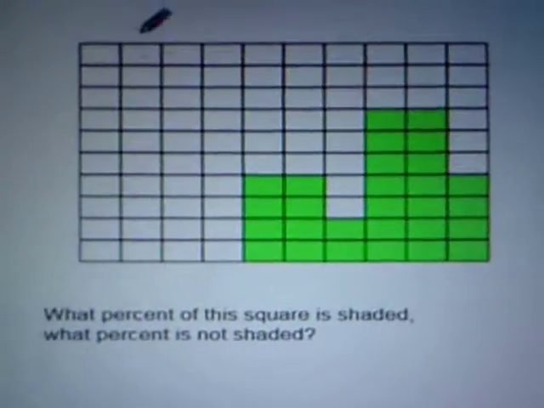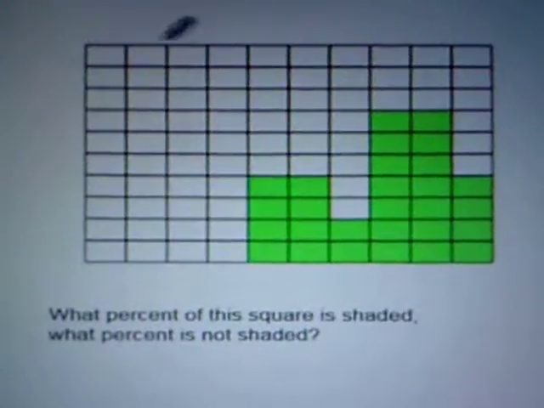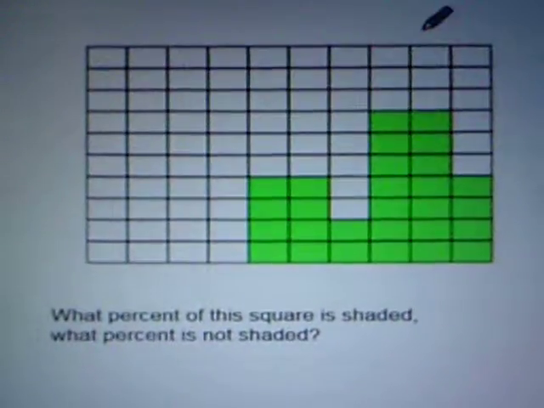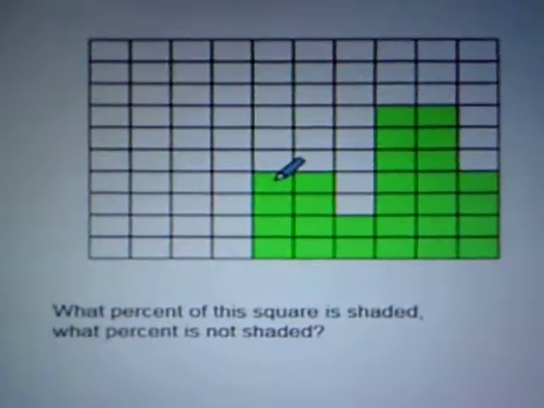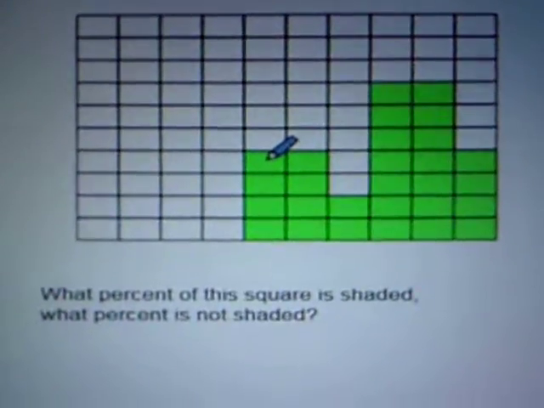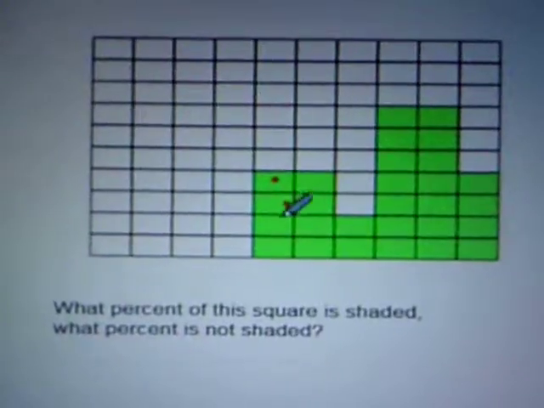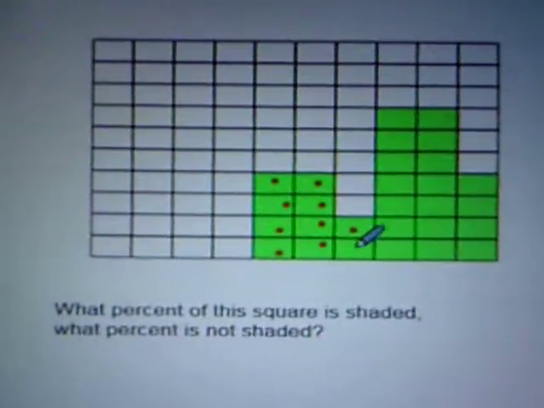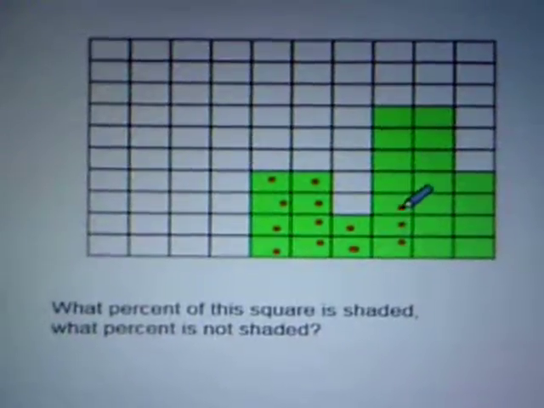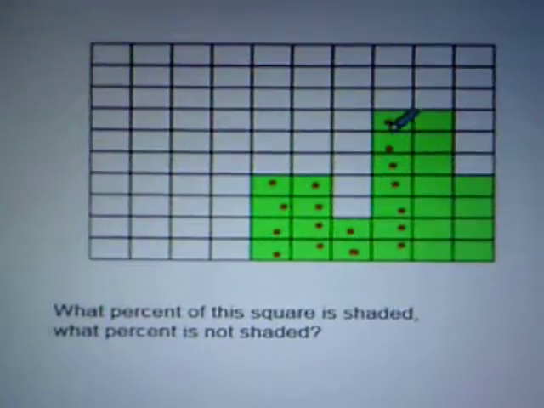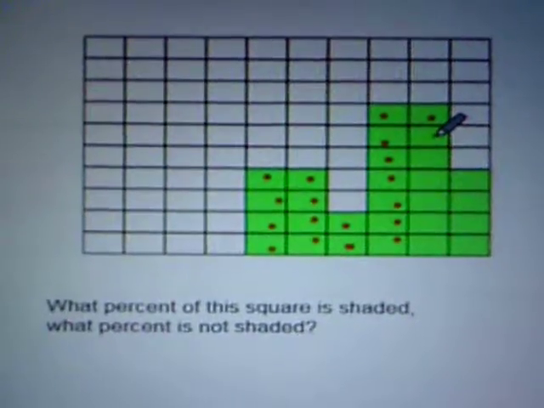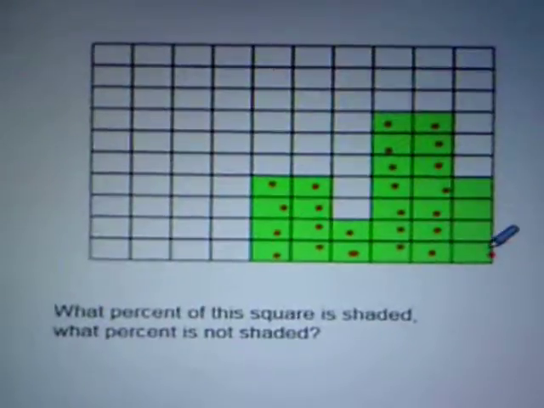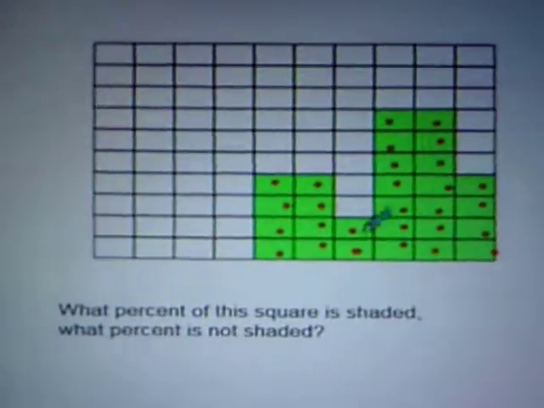So for the time being, all we have to do is count. If this is 100 total squares, which it is, you can count 10, 20, 30, 40, 50, 60, 70, 80, 90, 100. What part is shaded? So simply count. Out of the 100 total squares, there are 1, 2, 3, up to 28.